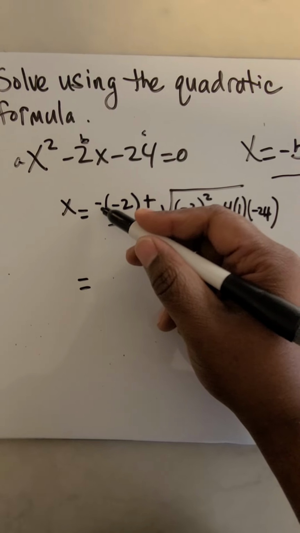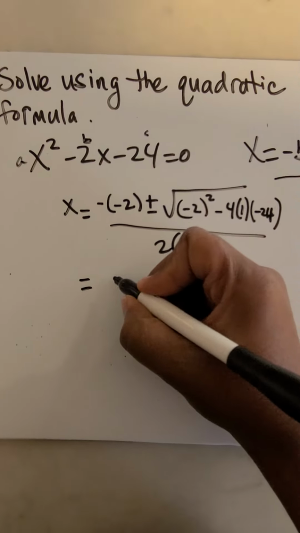This is basically like a negative 1 times a negative, positive.